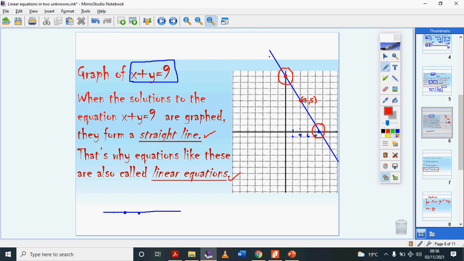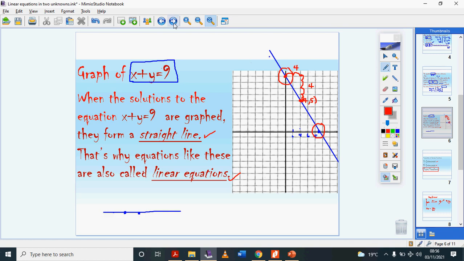Then I ask myself, how many times do I rise to get to the level of that point? I've risen 1, 2, 3, 4 times. And how many times do I run to get to that point? I've run 1, 2, but remember the x-axis is 1 box is 2, so that's also 4.